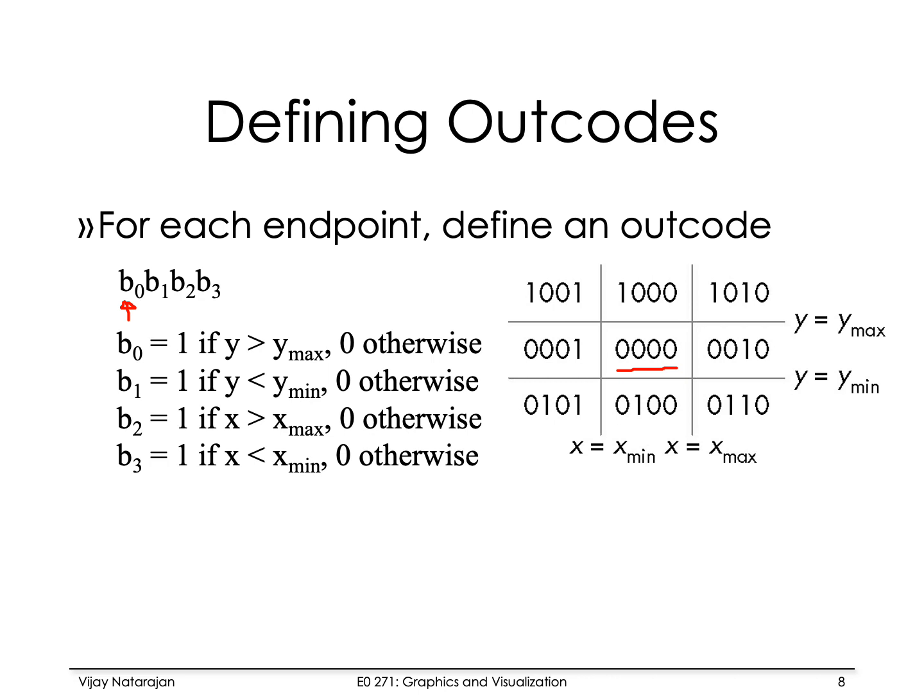For example, B0 corresponds to Y max. B0 equals 0 means that you are below the y equals y max line, and so on, right? Points inside the clipping window will have all zeros as the outcode.